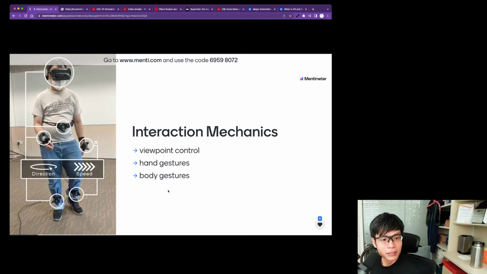Other things that you see here are also on the waist tracker. All of these are the same Vive trackers that we have used for the commuting simulator. So the chest one allows for us to track direction.